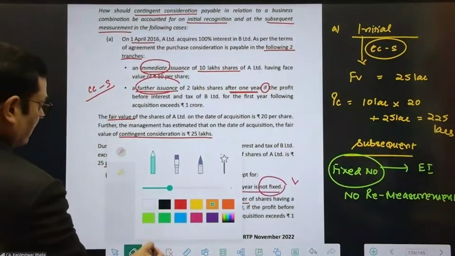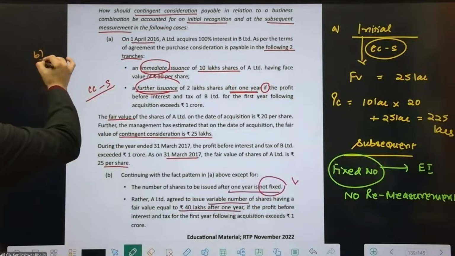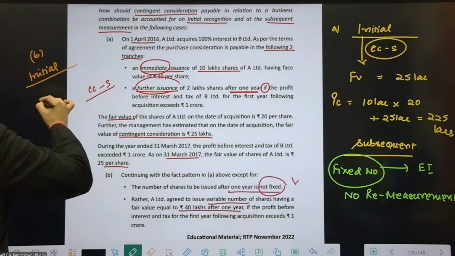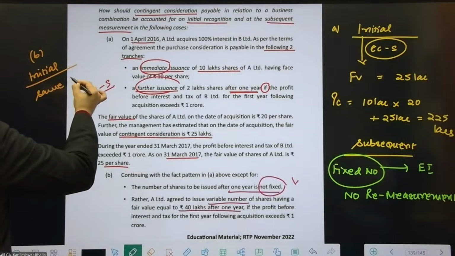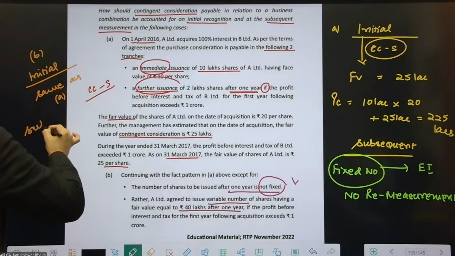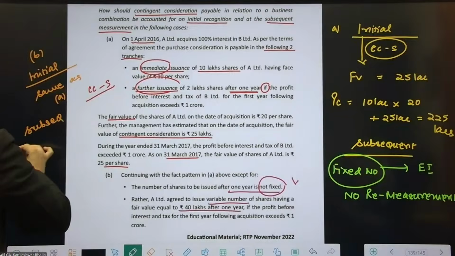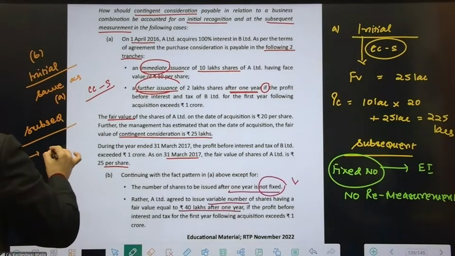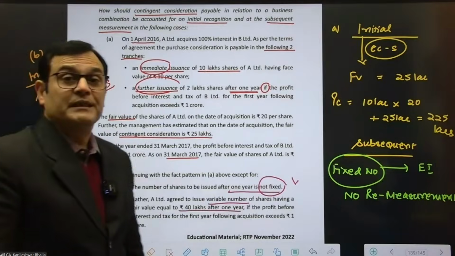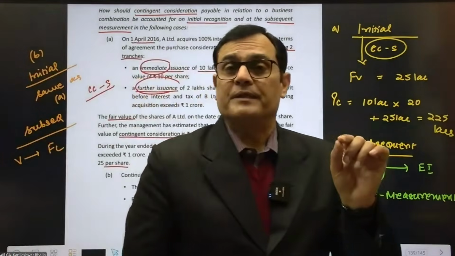Let me put this part number B out here. So we can say the initial accounting is same as the part number A. Now let's go to the subsequent accounting. In this particular case, if you're giving a variable number of shares, it becomes a financial liability. And if it is a financial liability, can I say a remeasurement will be done?